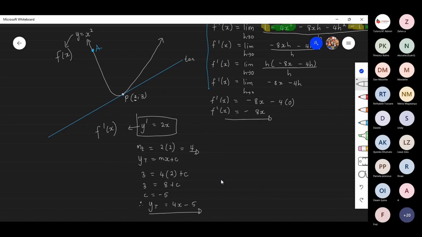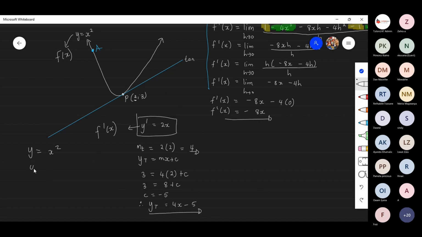In this particular case, I didn't use first principles to find the derivative because first principles, to be honest, is extremely long and time consuming. The method that I used is just your normal method of finding a derivative, for y equals x squared. It's a method that we'll have a look at in next week's class. You'll see that we'll be able to find it much more easily and faster.